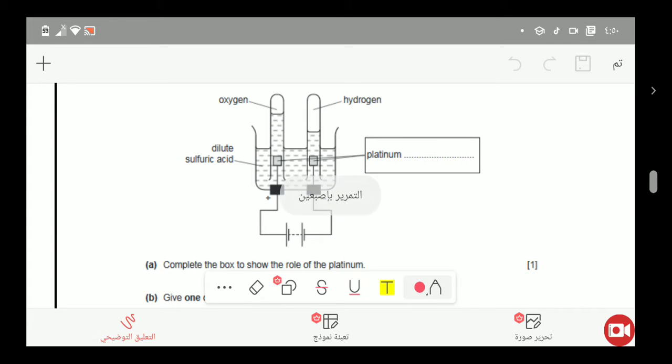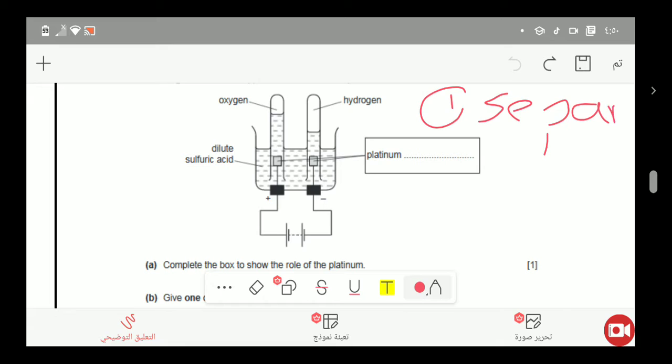The first topic is talking about separating techniques. Next topic is about energetics, energy of chemical reactions.